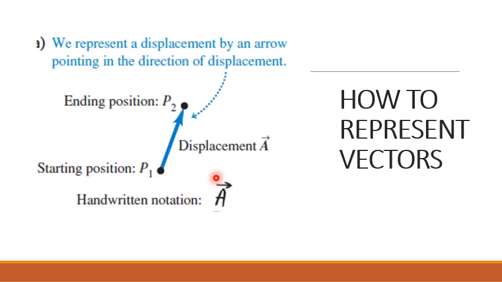And we usually write the vector quantity with a letter, bold italicized with an arrowhead on top. So this is the handwritten notation of the vector representing this displacement.